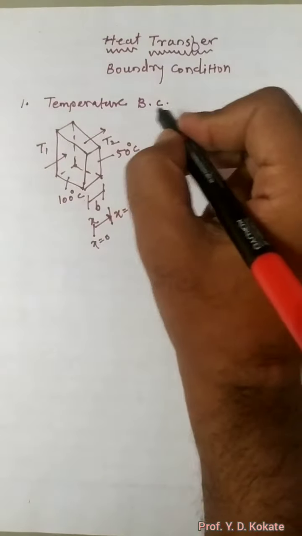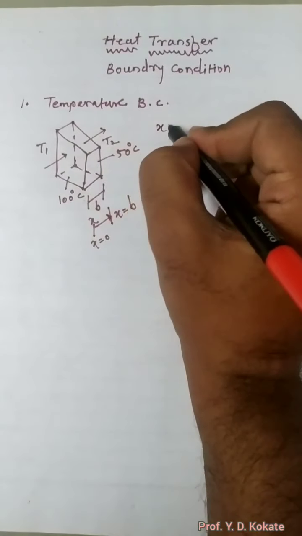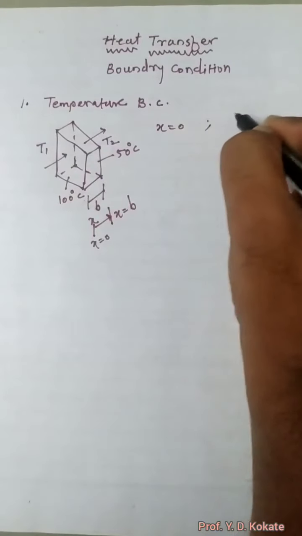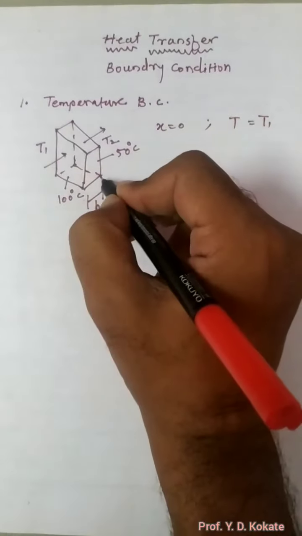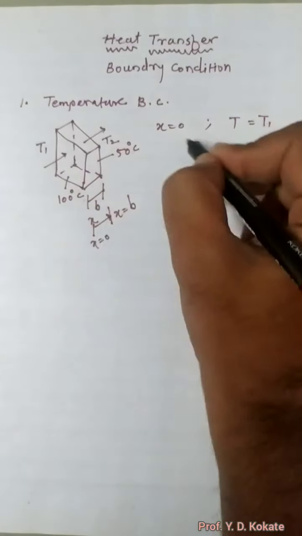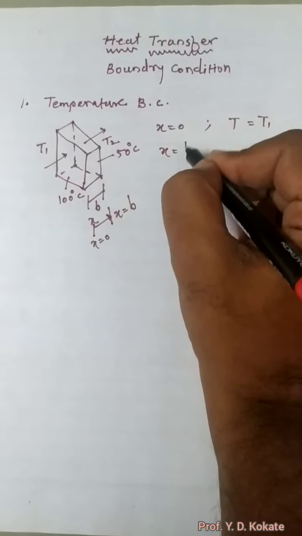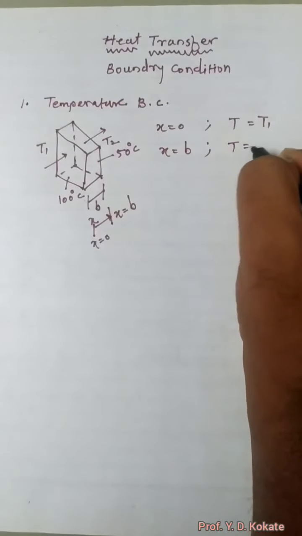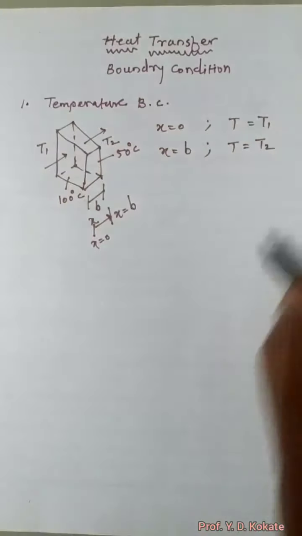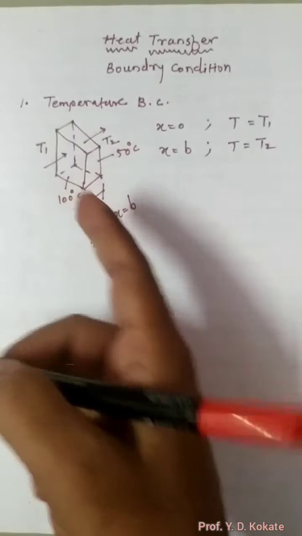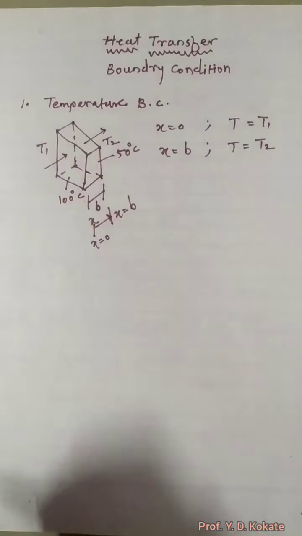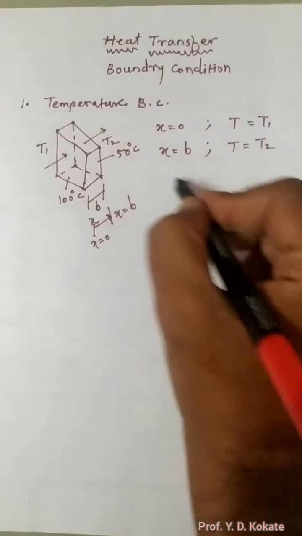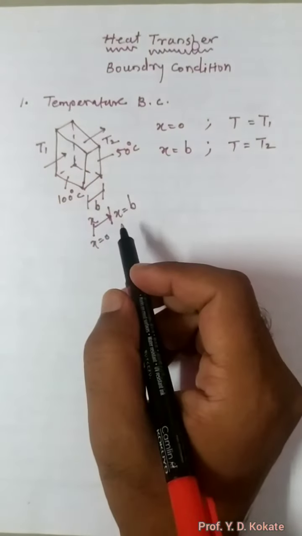So I can easily calculate the boundary conditions. When X is equal to 0, at that time the temperature will be T1, and when X becomes B, at that time T becomes T2, that is the backside temperature. In this case it is 1500. Not necessarily every time it is 1500, just for example. Now this becomes the boundary condition for this one.